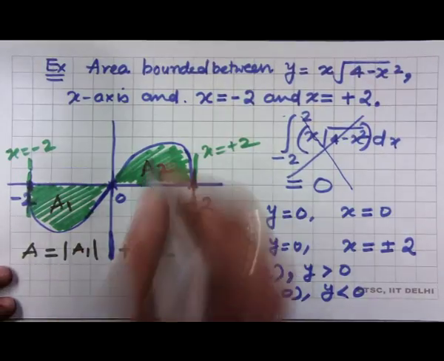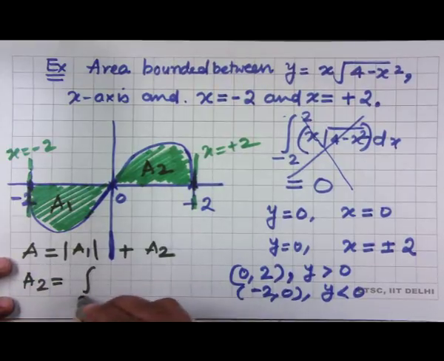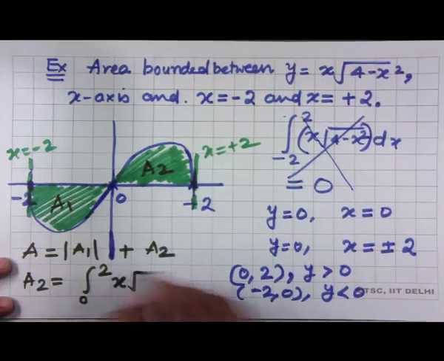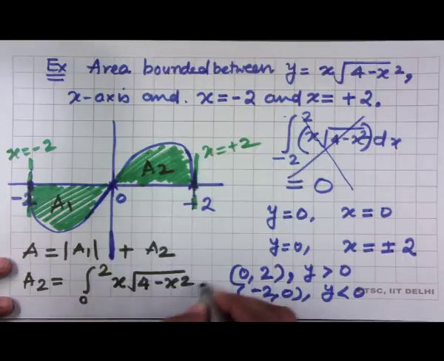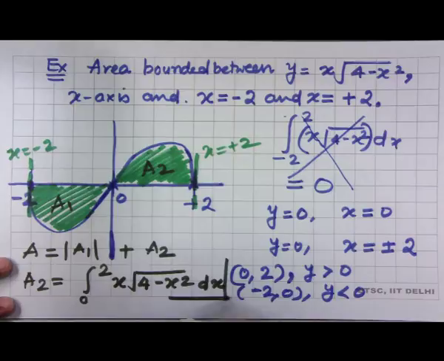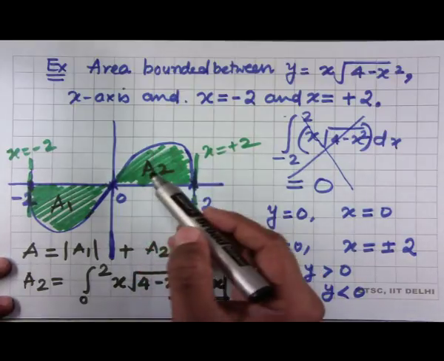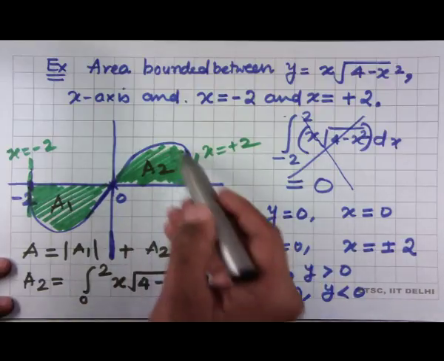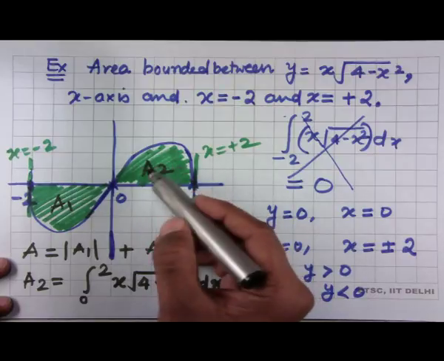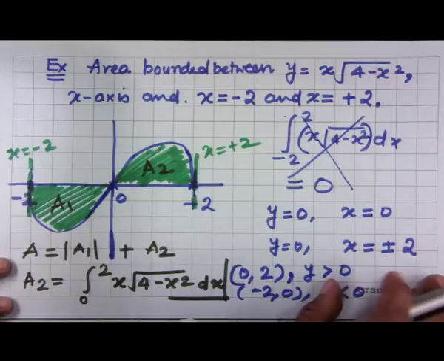So we will compute A2 first. A2 will be given by integral from 0 to 2 of x under root 4 minus x square dx. Since this curve is symmetric and an odd function of x, this A1 will have the same magnitude as that of A2 but a negative sign will be there.